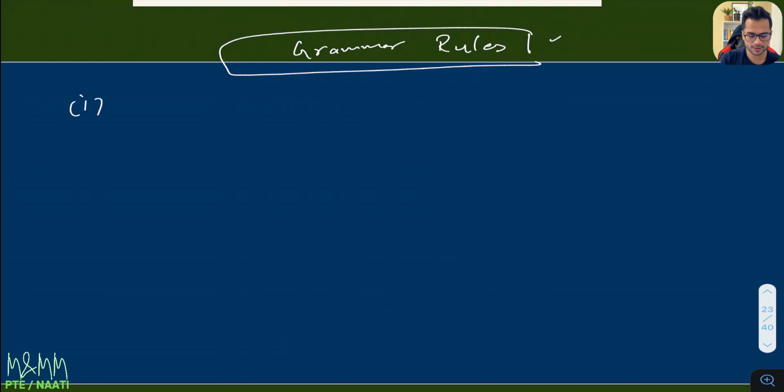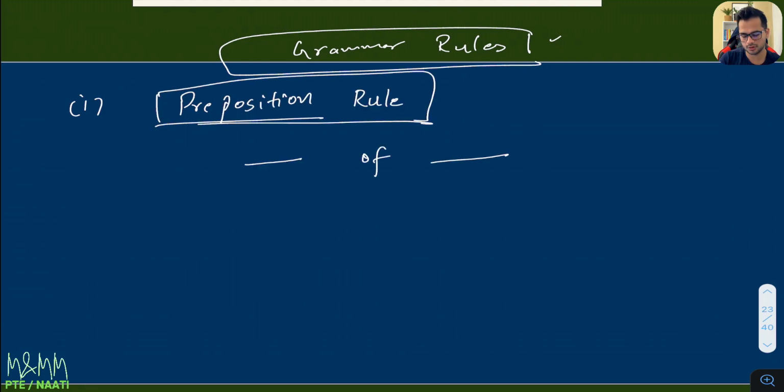First grammar rule would be the preposition rule. Dash of dash. For example, now if you see the word of written in between, and either side of the word of is a noun, as in noun we used to do in our school, like a name, a place, or a thing, like table, chair, Alex, David, any name of a person, any place, all those things are called noun.